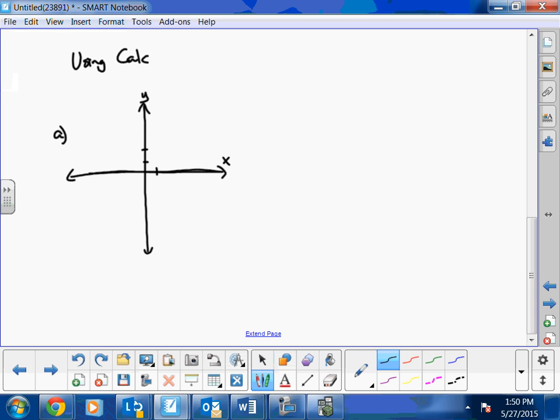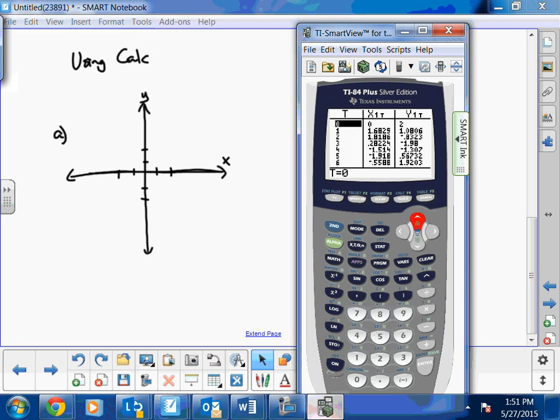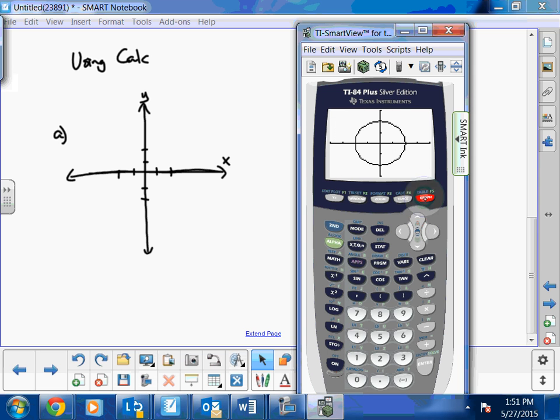When t is 0, we have 0, 2. So actually, it should start this way and rotate around. Let me hit window. It's important that I hit window because I want to make sure that when I hit graph and go back in y equals, I can see if it does anything.